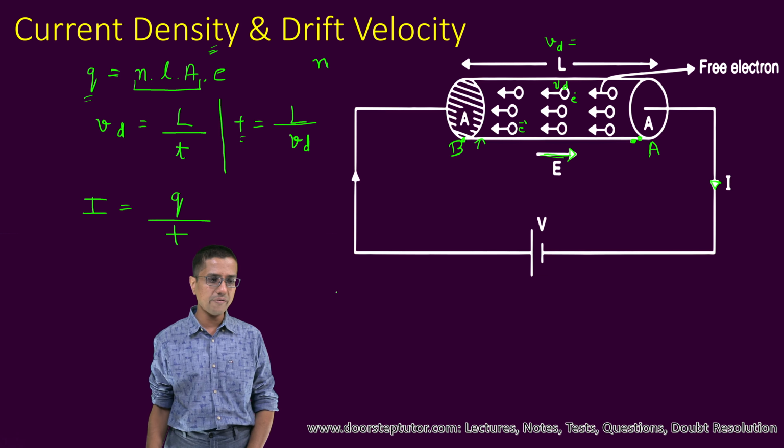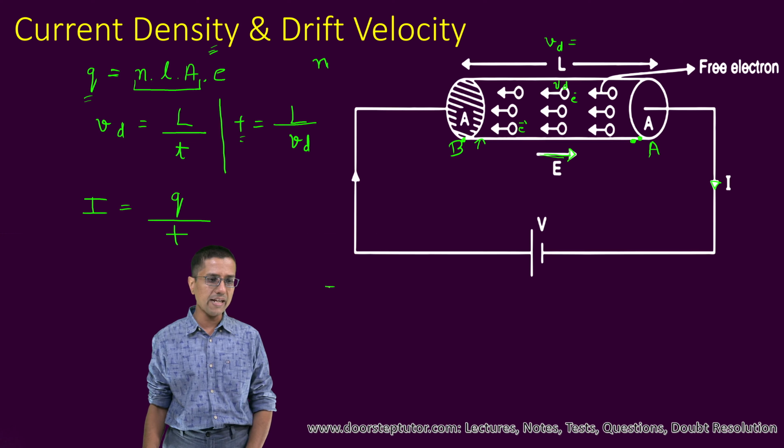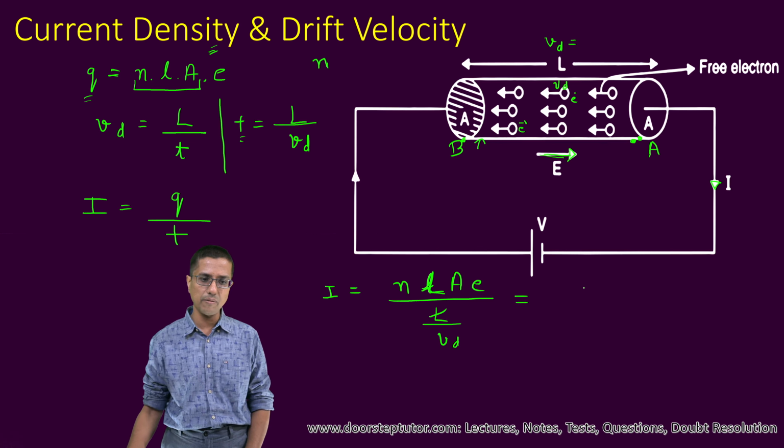I is equal to Q, which is n L A e, and T is nothing but L by Vd. This is capital L, the length of the conductor. Now this L and L cancel, so Vd comes on top, and this becomes n A e Vd.